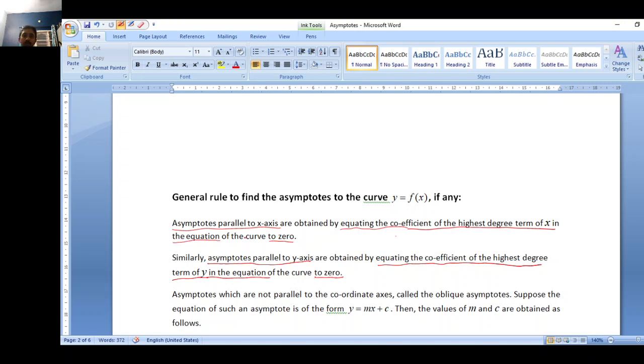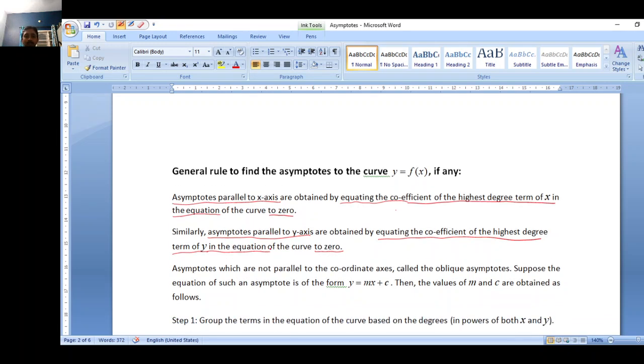So first of all, look for the highest degree term of x and equate its coefficient to 0, and that will give you asymptotes parallel to the x-axis, if any. In a similar way, equate the coefficient of the highest degree term of y to 0, and that will give you asymptotes parallel to the y-axis, if any. Okay, so this is how we find the asymptotes parallel to the coordinate axes.